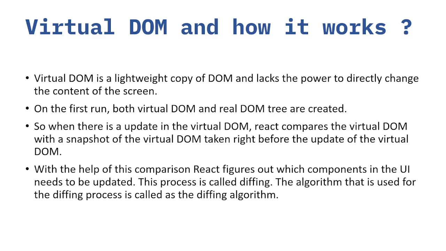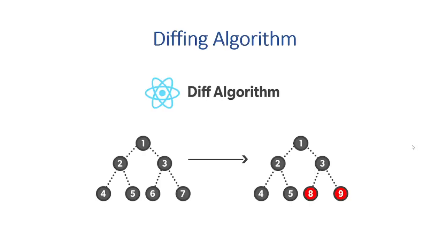We'll come across other terms also, but this is an important term when it comes to virtual DOM. The process is called diffing, where we compare the virtual DOM with the snapshot of the virtual DOM taken right before the update. Okay. So this is a diagram of how the diffing algorithm works.